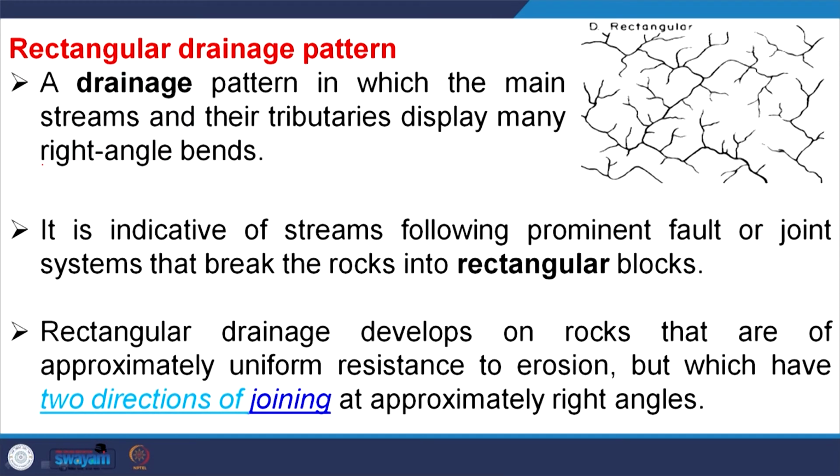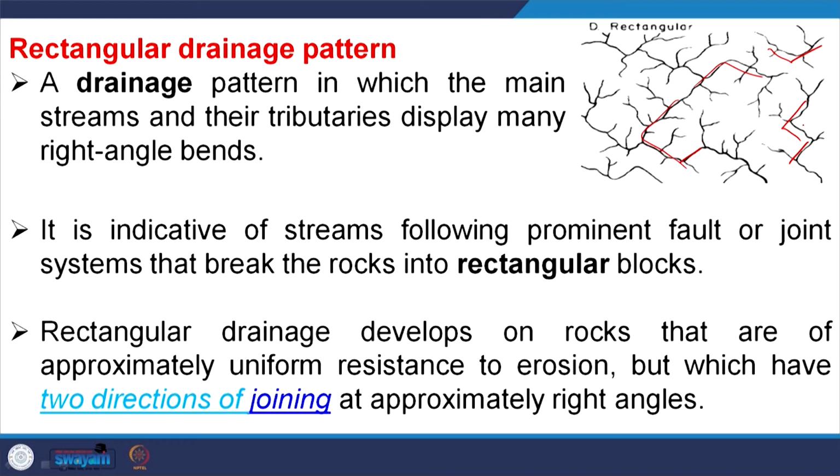Then another type of drainage pattern is called the rectangular drainage pattern. Rectangular means the pattern itself looks like a rectangle. For example, here this is a rectangular pattern, and similarly here. This rectangular pattern is also structurally controlled. If two sets of joints are cross cutting each other at right angles, this type of drainage pattern can develop.